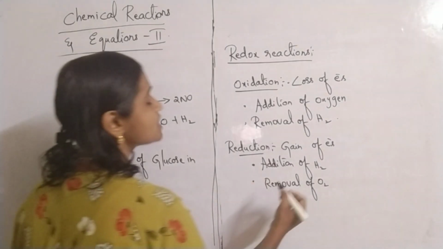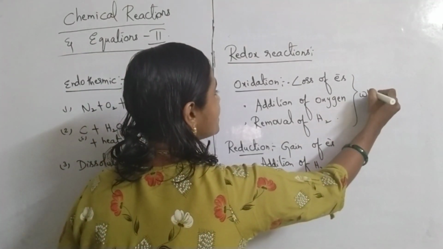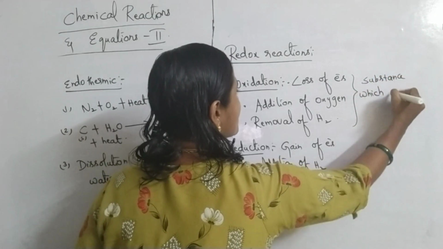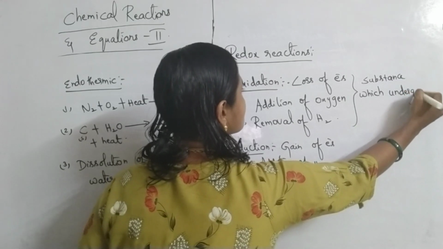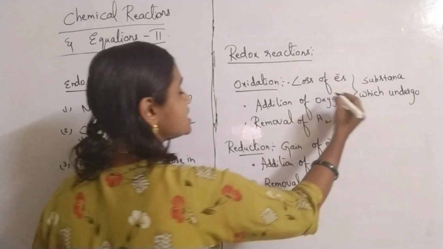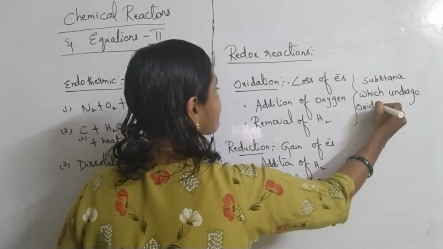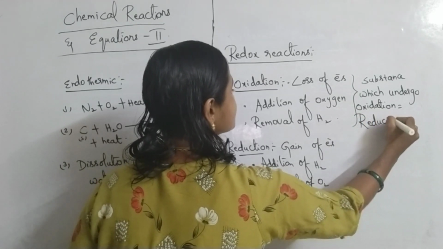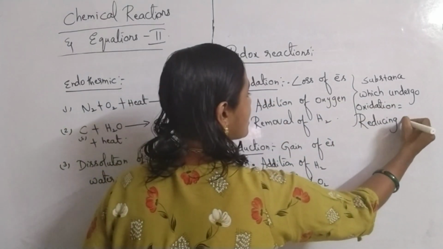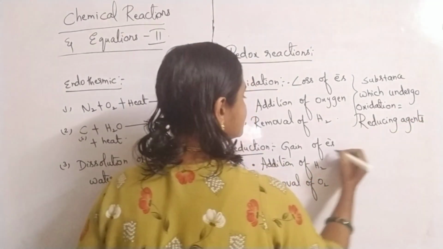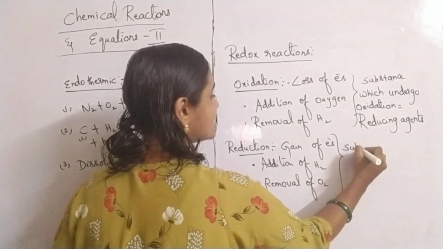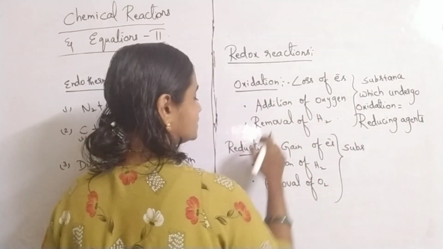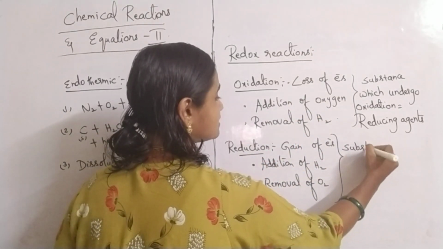The substance which undergoes oxidation is called a reducing agent. Please remember, reducing agents. Substances which undergo reduction are called oxidizing agents.